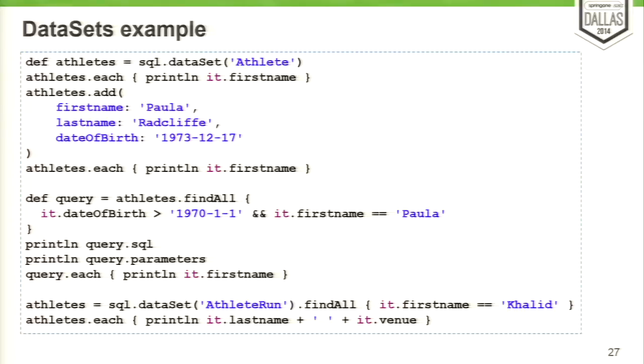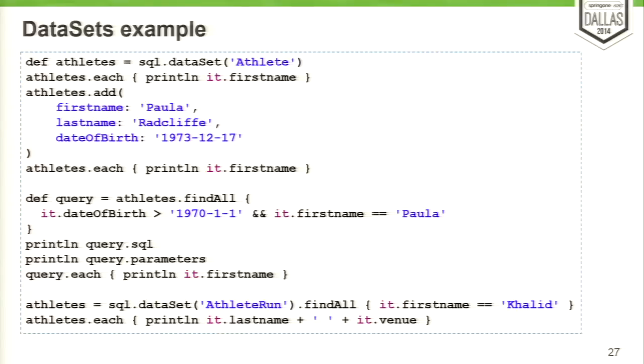You just go .dataset, put in the table name, and when you're doing each and when you're querying with findAll and so on, it'll come back, instead of obviously being a row result set, as rows in a collection, and you use normal GPath-like syntax.